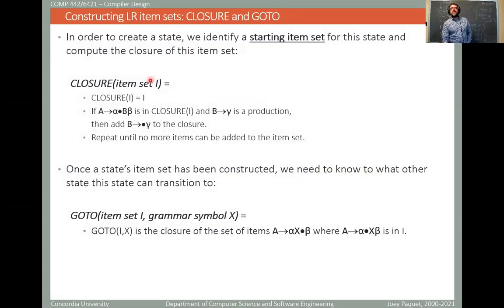So what is closure? It's always the closure of an item set. First of all, the closure of an item is the item itself. That's the fixed point of this iterative procedure.